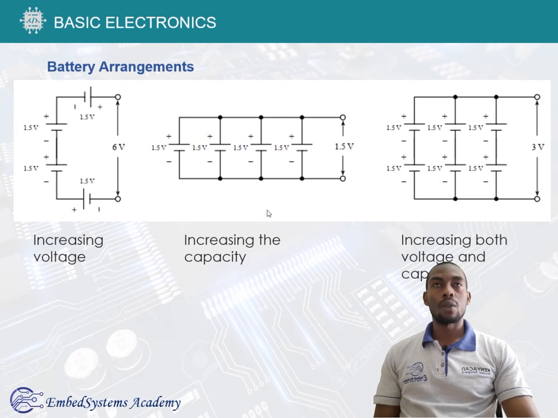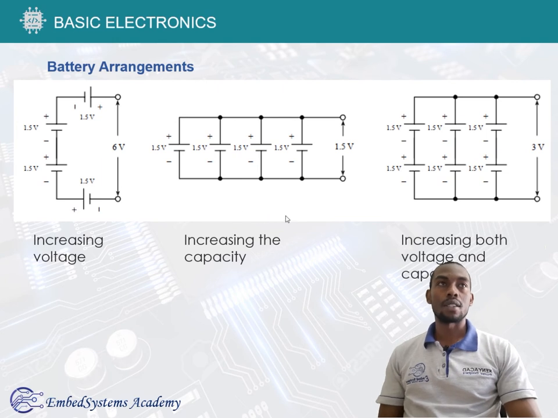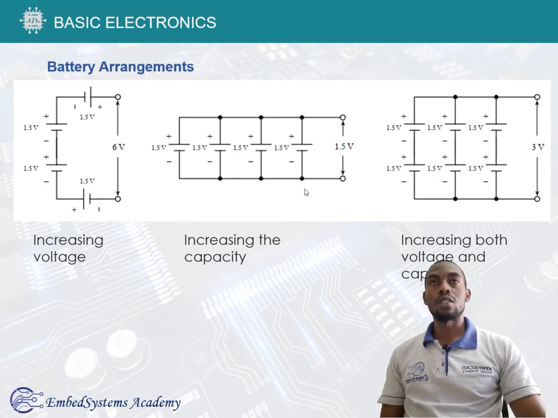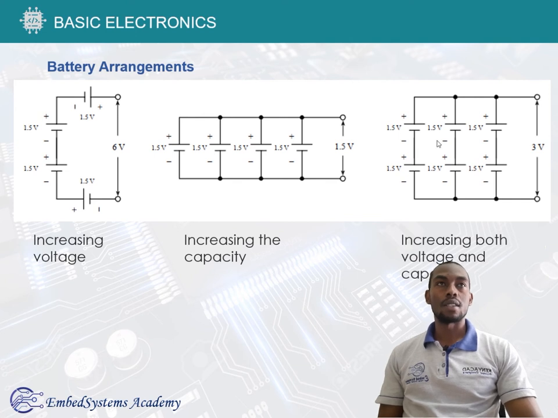Shortly we shall talk about battery capacity and understand more. Now, when you want to increase both voltage and capacity, we do a combination of these two arrangements. We may have 2 cells in series, and then these pairs connected to another pair, and another pair, in parallel.